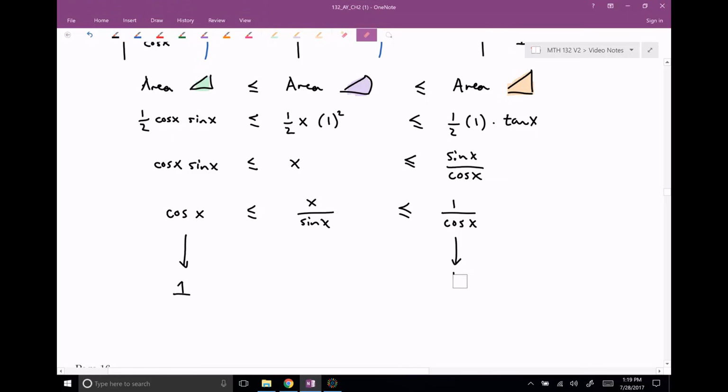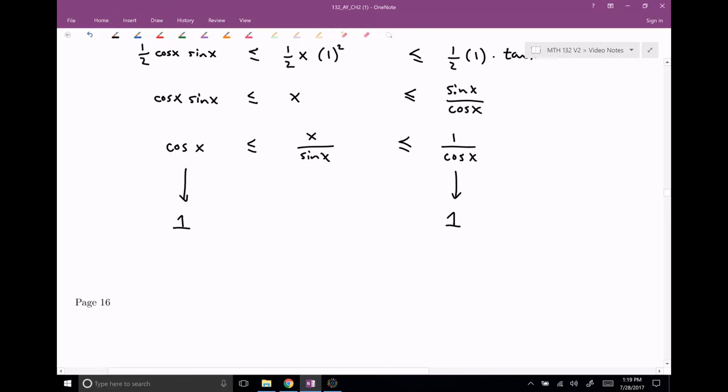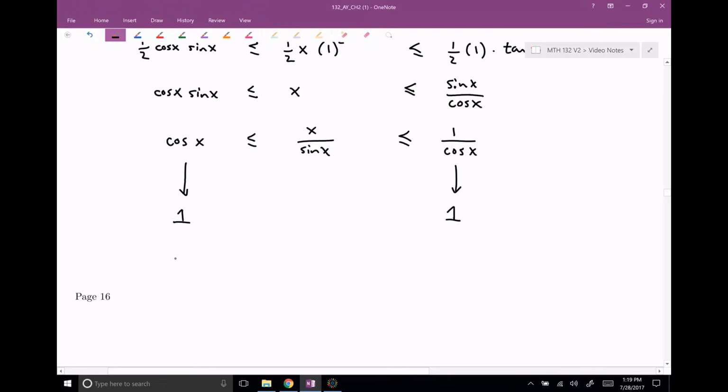Well, that's just the same thing as 1. So therefore, by the squeeze theorem, we know that the middle function must also go to 1. So by the squeeze theorem, the limit as x goes to 0 of x over sine of x is equal to 1.